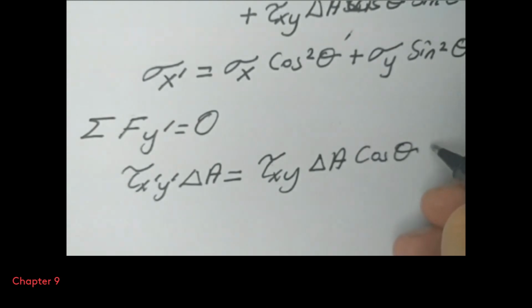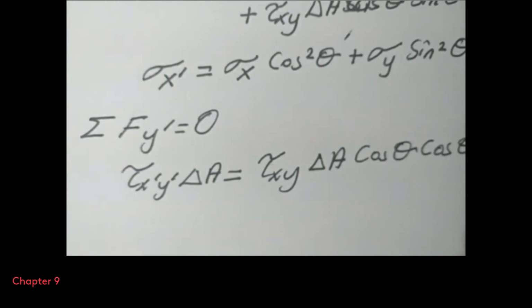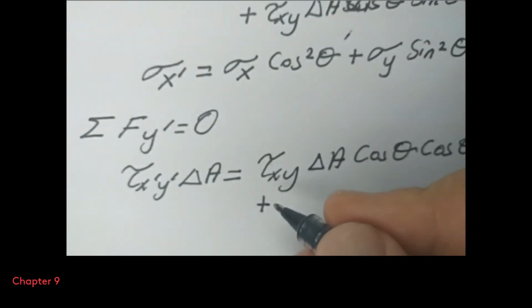Let's continue below. Then in that case we have sigma x, so sigma x will contribute in the direction of y prime, therefore it is negative.